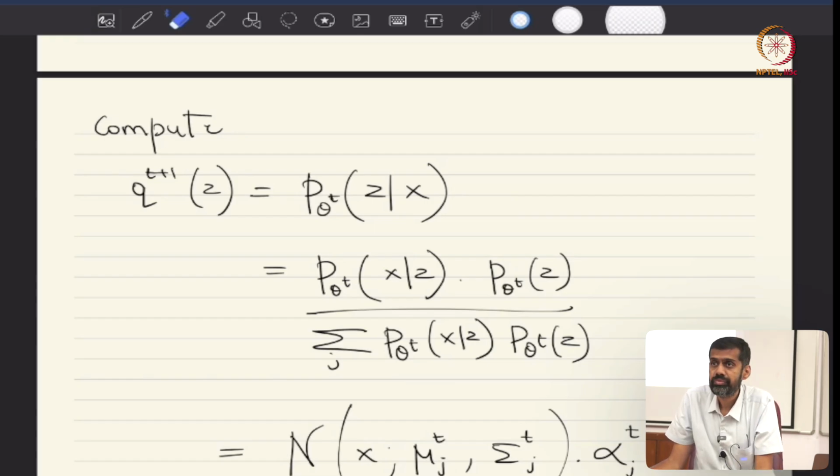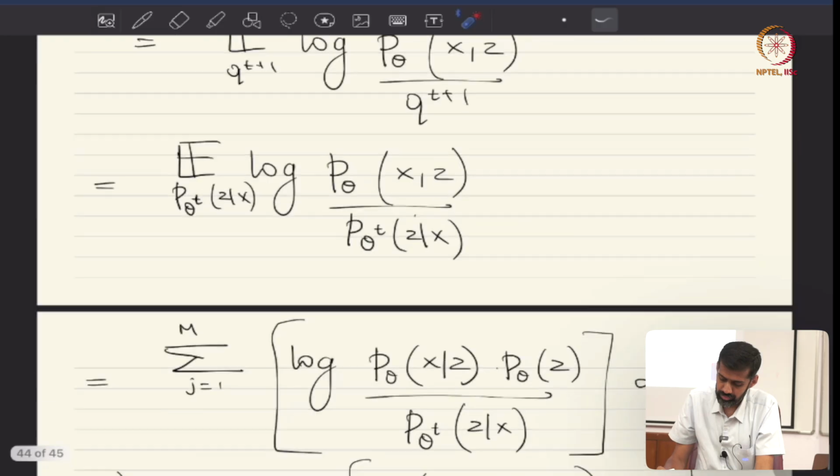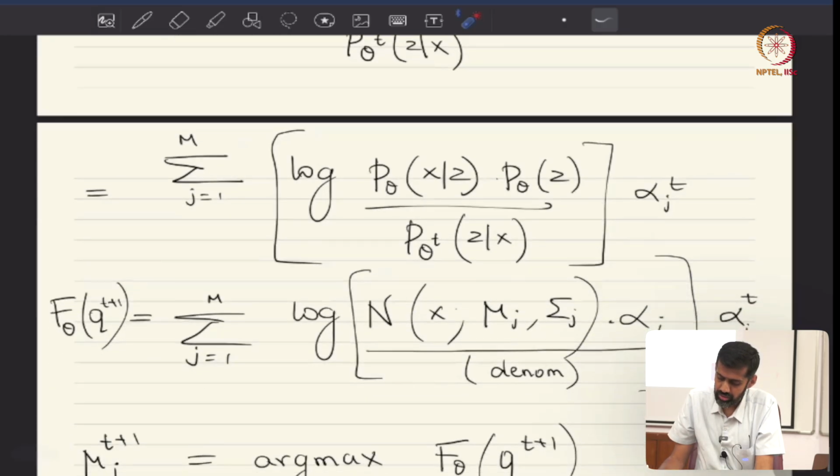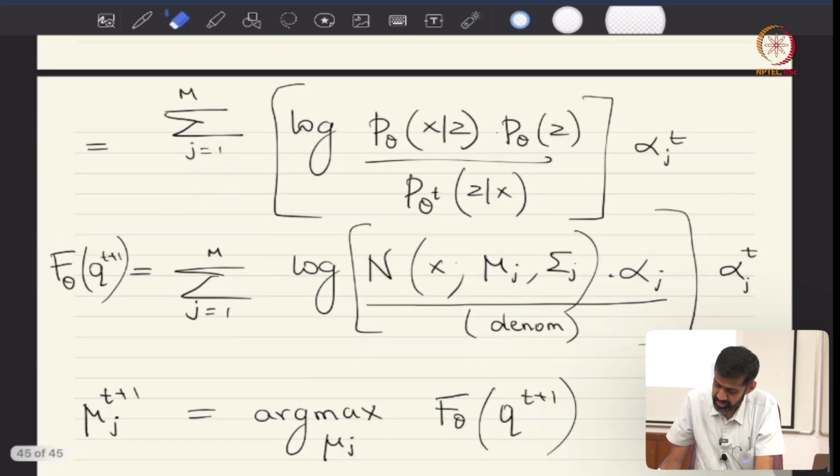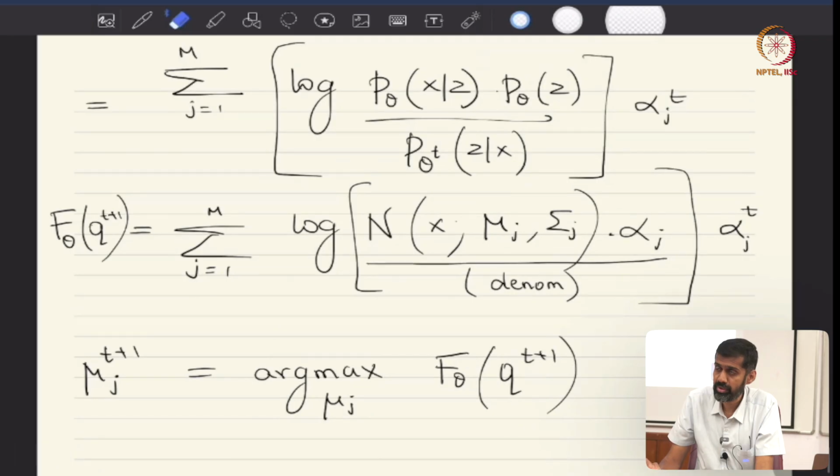In the last line for EM for GMM, we are taking the expectation with respect to the P theta of Z given X. Right? So where are we writing alpha J? Shouldn't it be P theta t of Z equal to J given X? I think that's actually the correct observation, because the expectation is with respect to Q t.